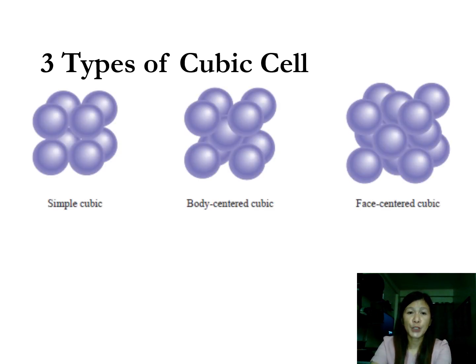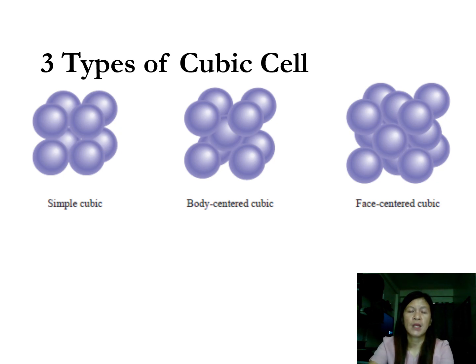We have the simple cubic cell, or in short, SCC, body-centered cubic, BCC, and face-centered cubic, FCC. Notice the number of atoms in each cubic cell. We have the smallest number of atoms or particles in simple cubic cell and the largest number of atoms in face-centered cubic cell.